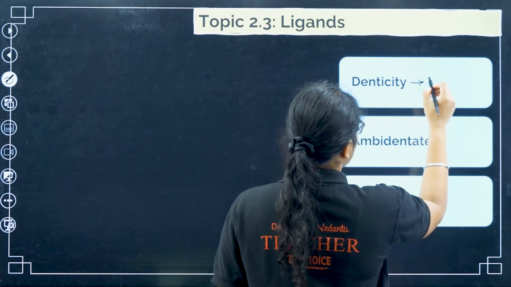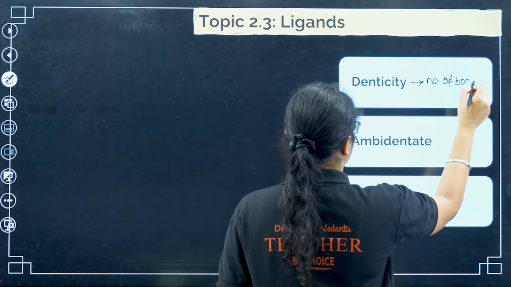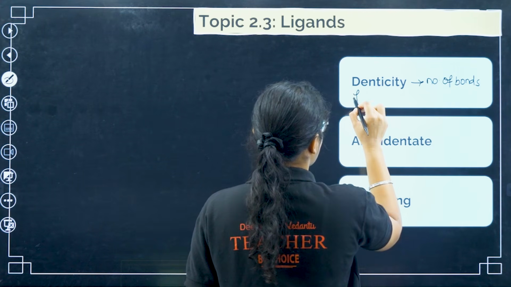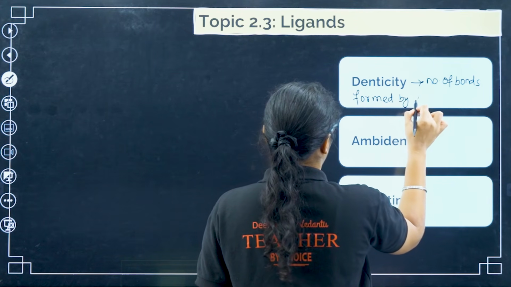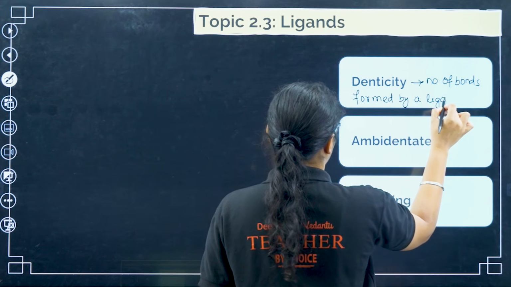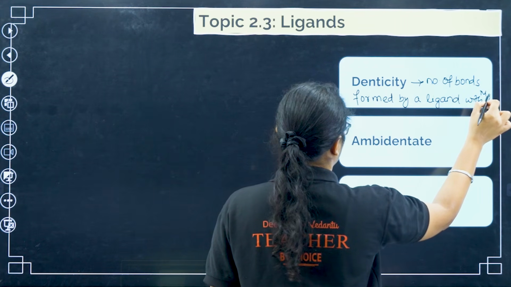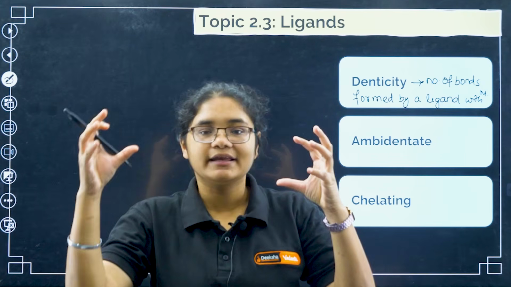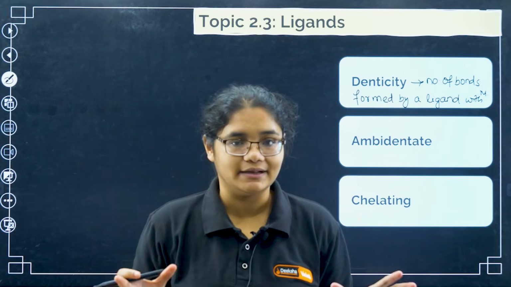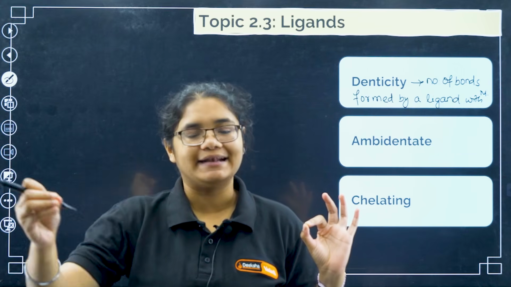Denticity is the number of bonds formed by a ligand with the metal. So if a ligand can form only one bond with the metal, then it is called a monodentate ligand, or unidentate ligand.